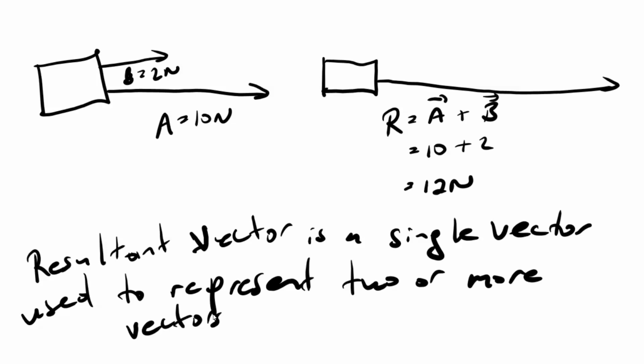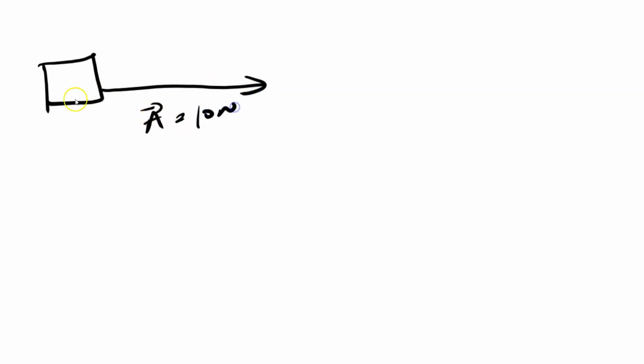And that's easy. In this example, we have these two vectors, vector A and vector B.